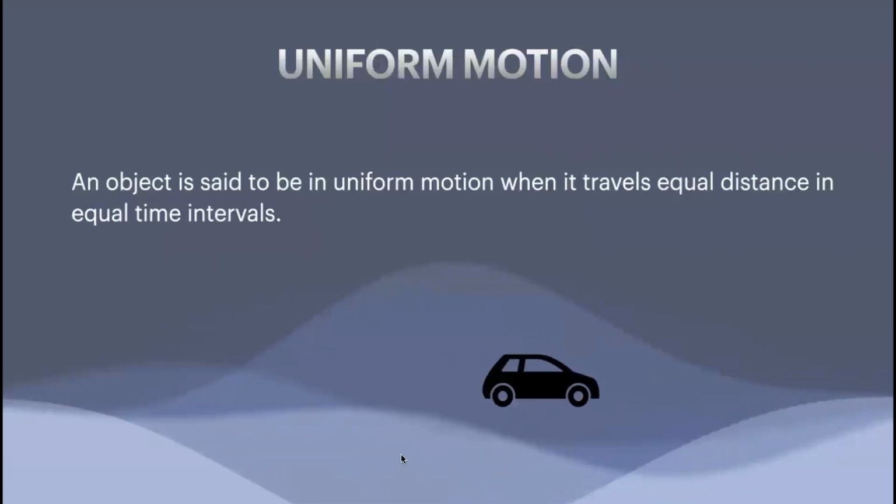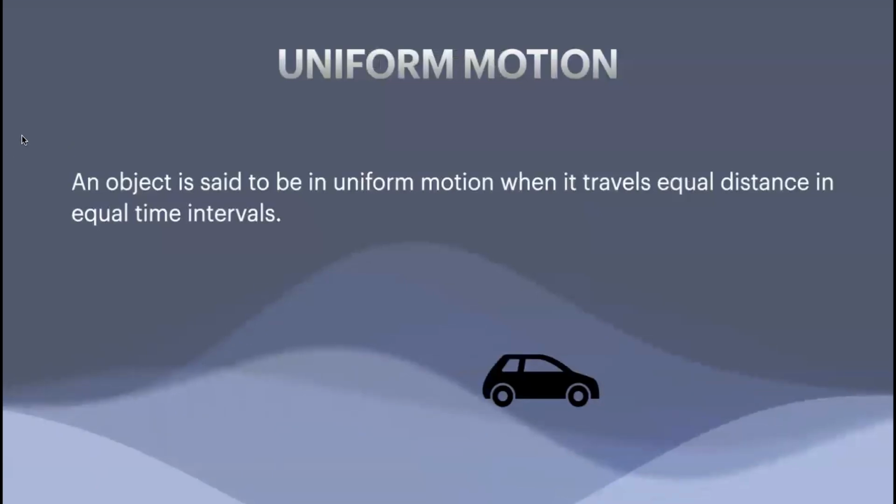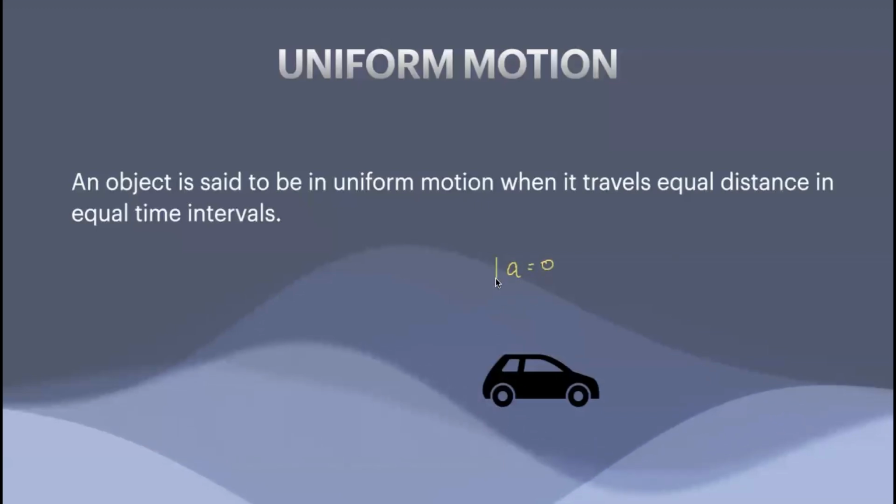So what is it doing? It is traveling equal distances in equal time intervals. Correct. So this car is said to be in uniform motion. Clear? So in uniform motion, basically acceleration is zero.